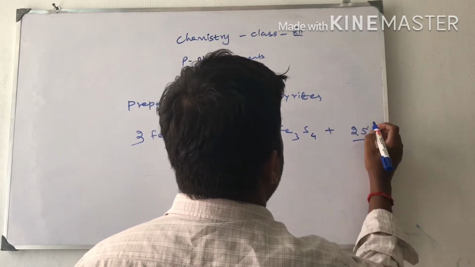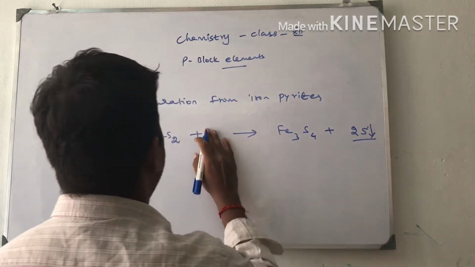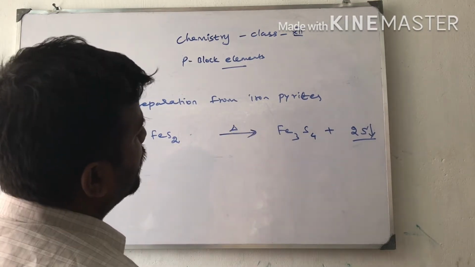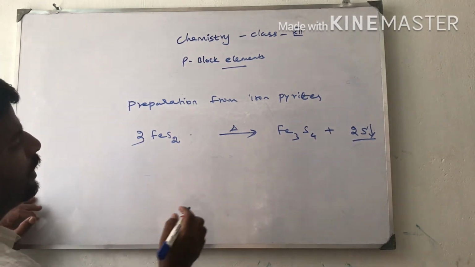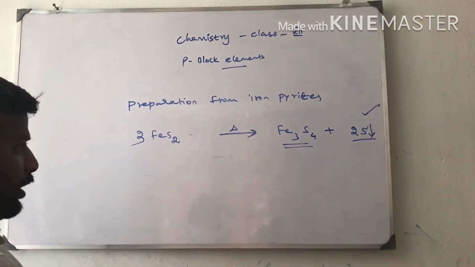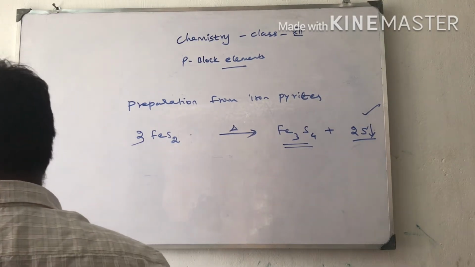So sulfur impurities. Simply on heating, iron pyrite will give Fe3S4 plus 2S, sulfur precipitate. This is the second method.